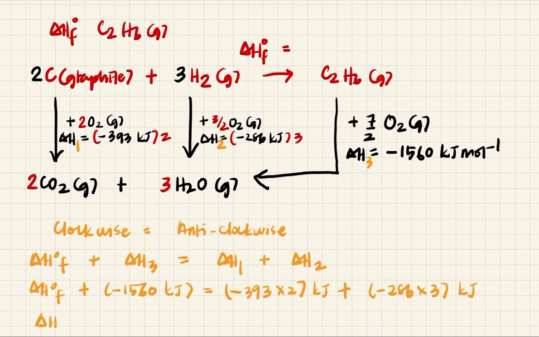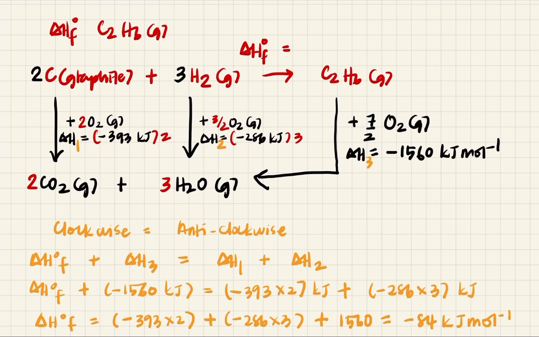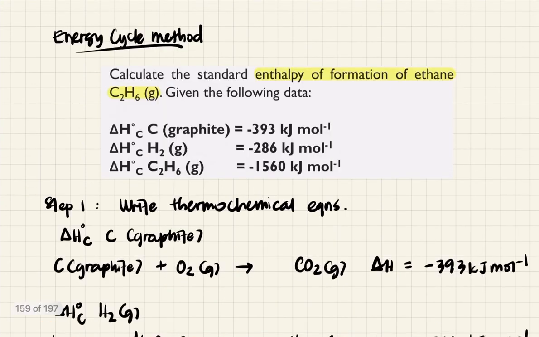To get delta H not formation, we just have to rearrange our equation. So your delta H formation will be minus 84 kilojoule per mole. That will be your answer for the enthalpy of formation of ethane C2H6 gas.